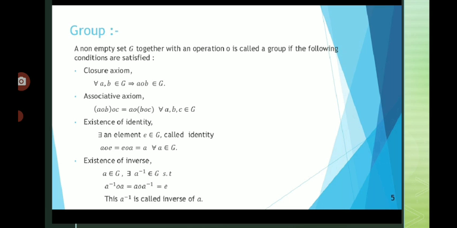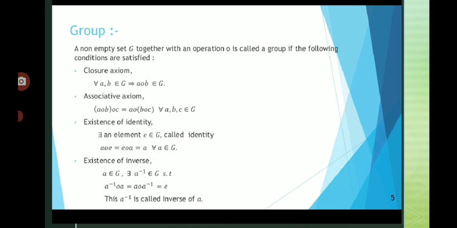Now we discuss the definition of a group. G is a non-empty set and circle is a binary operation. (G, circle) is said to be a group if it satisfies the following axioms, which are only four axioms.